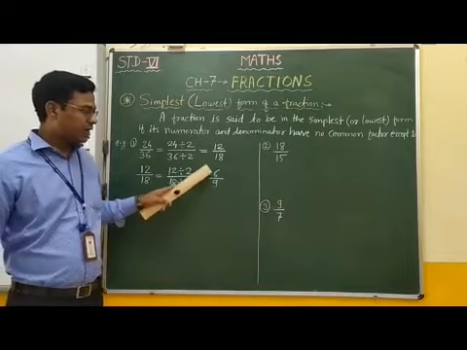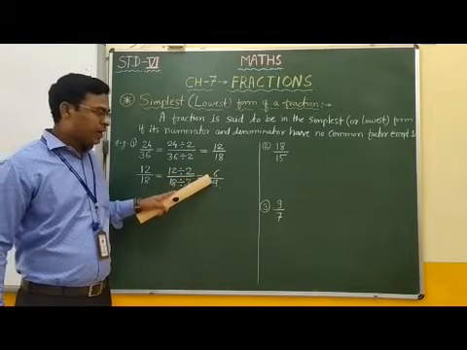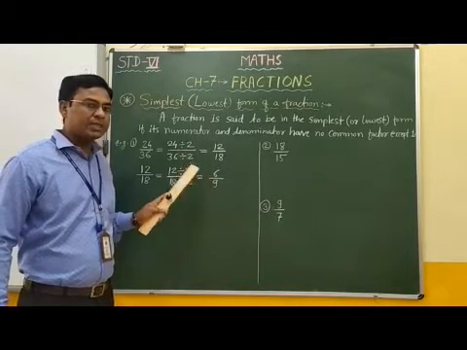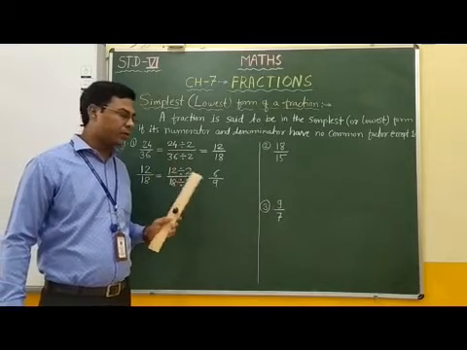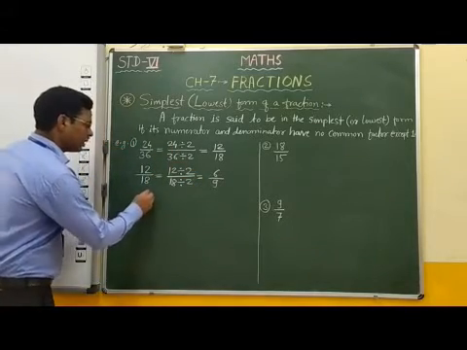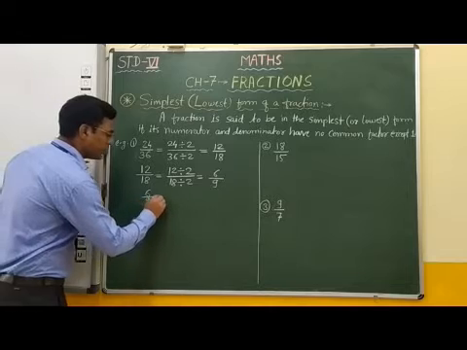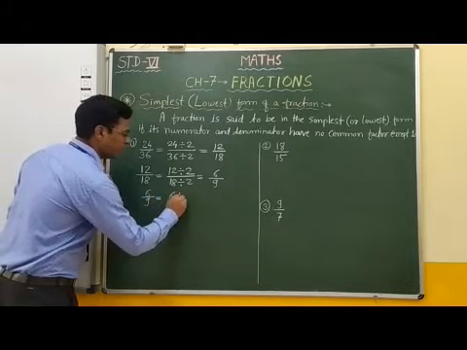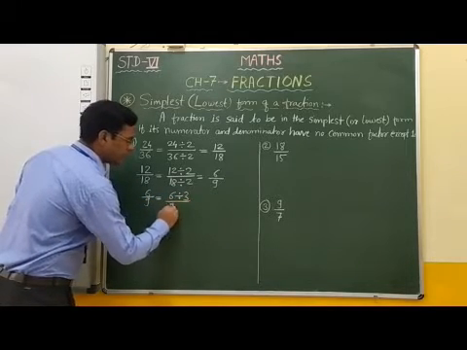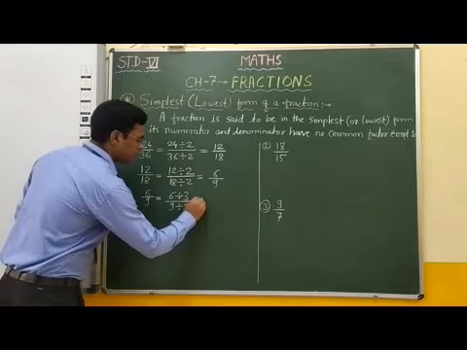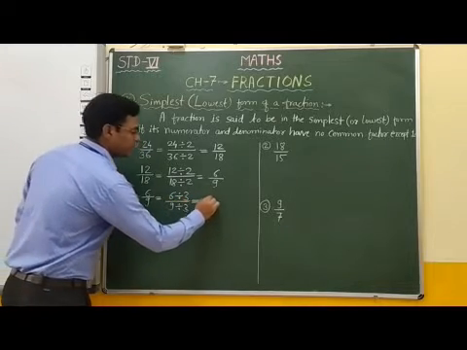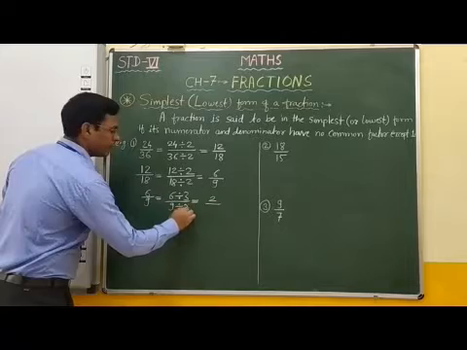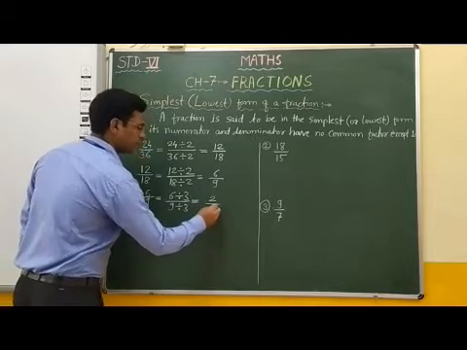But if you observe here, numerator and denominator both are divisible by 3. Therefore, here we have to divide numerator and denominator by 3. 6 divided by 3, 9 divided by 3. 6 divided by 3 is equal to 2 and 9 divided by 3 is equal to 3.